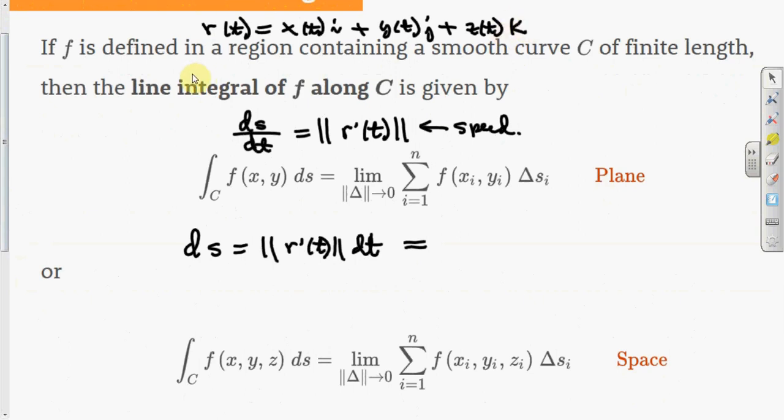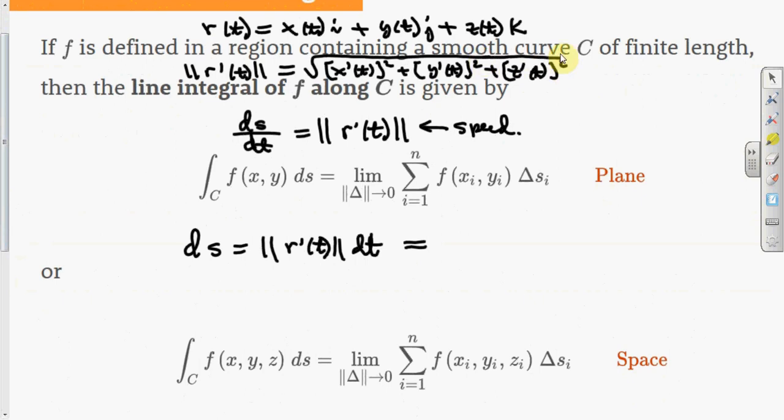And so if I take its norm, we have the norm of r prime of t is equal to the square root of x prime of t squared plus y prime of t squared plus z prime of t squared.